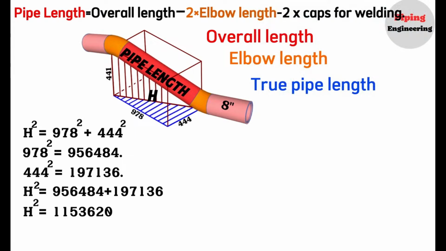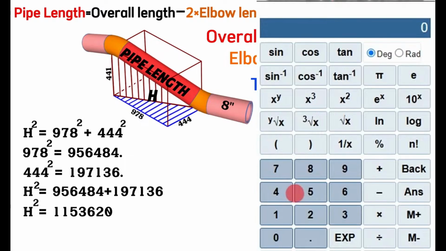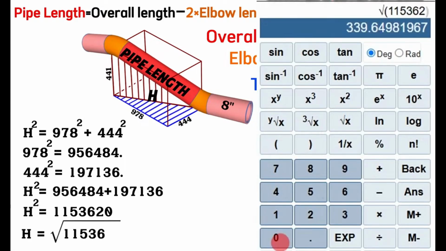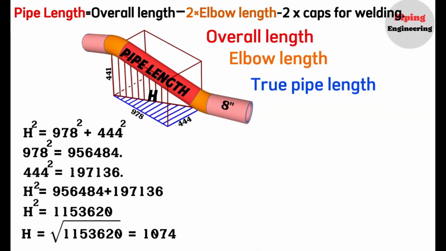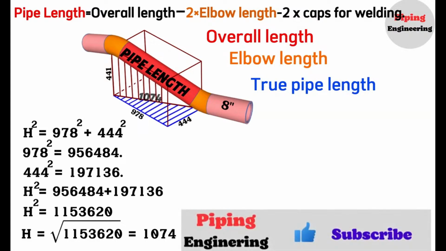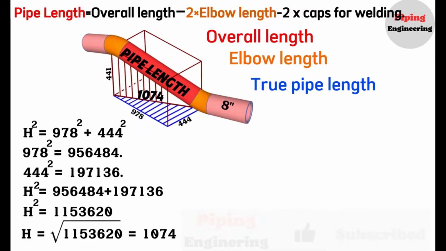Again, using a calculator, H will equal the square root of 1,153,620. It will equal approximately 1074. So, after performing the calculations, we found that the length of the hypotenuse of the horizontal dashed line right-angle triangle is 1074 mm. The hypotenuse of the horizontal right triangle also serves as the perpendicular side of the vertical right triangle.